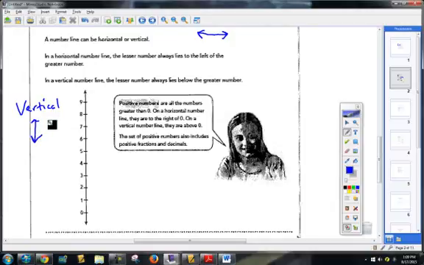And kind of the way I always remember these is, maybe if you're an athlete, or in gym class, maybe you've tested your vertical jump or your vertical leap, which is how far you can jump off the ground. Well, if you jump off the ground, you jump up and down. So that's maybe a way to help you remember what a vertical number line is here.